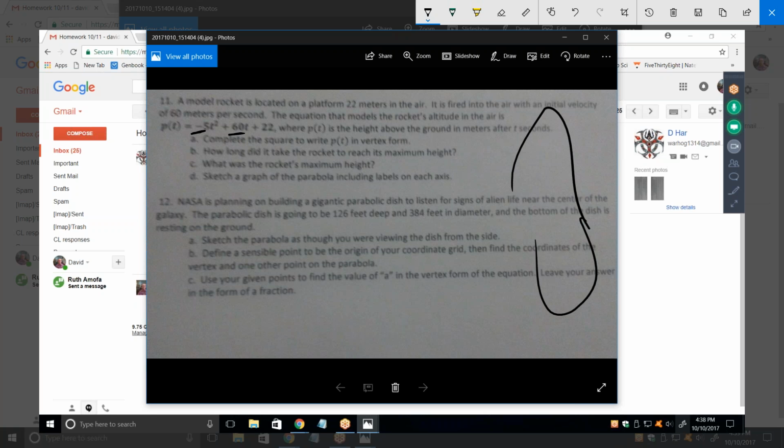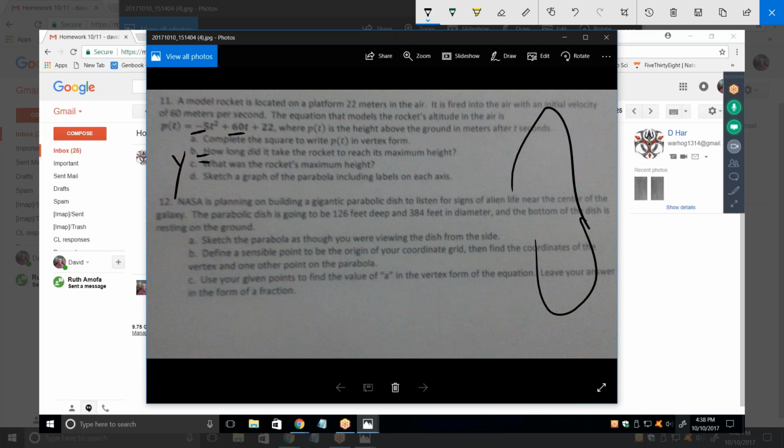Okay? So complete the square to put it in vertex format. Let's do that. First of all, give me vertex format. It's always the way you want to start math problems, is with the general format.